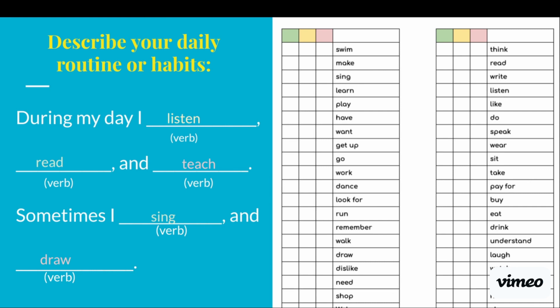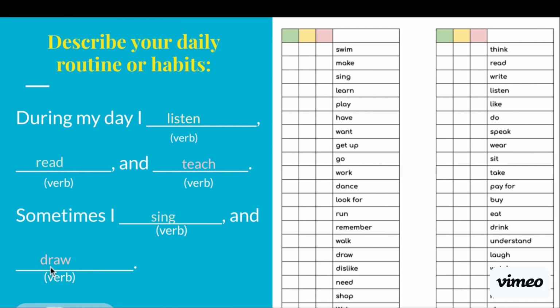Right? So I said, during my day, I listen, read, and teach. So listen, I chose yellow for this verb because I'm having a tough time remembering this one. Read, this is a verb I know. And teach, I put in red because it's not on my list. And sometimes I sing, right? I sing all the time. I love to sing, so I know this verb.